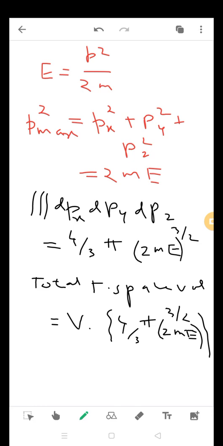And now, how will you find the number of phase cells? You know that the minimum volume of the cells is h cube. So if we divide the total volume by h cube, we will get the total number of phase cells in the phase space.